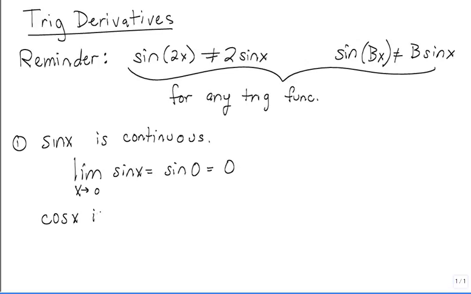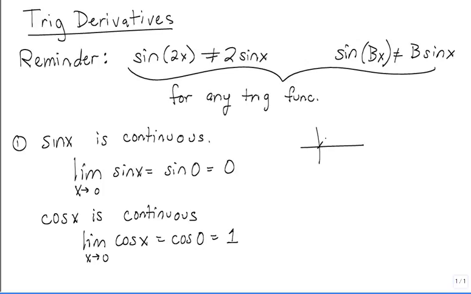Cosine is continuous also. So the limit of cosine x as x goes to 0 is cosine of 0, but that's 1. Okay, so those are simple things to see.